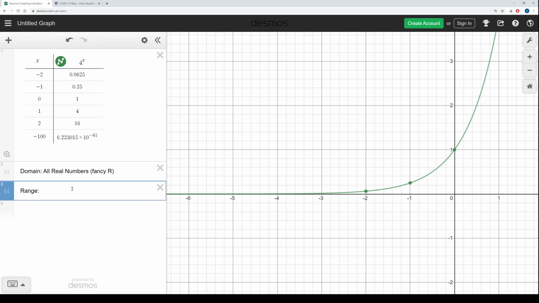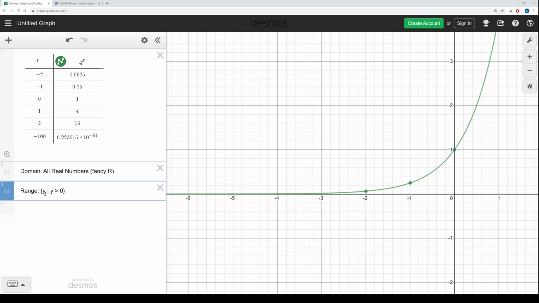So for our range, we always start with a curly bracket like this. We'll say that the range is all y values such that y is greater than 0. Okay? We've had functions similar to this where we needed to find the range before and we type something like this.